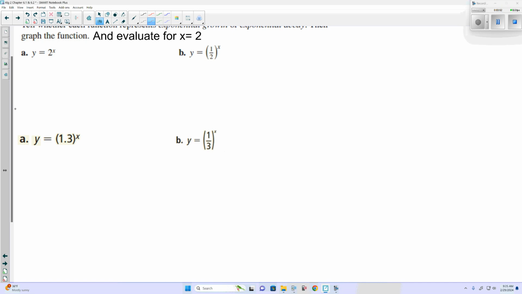If I look at A, y equals 2 to the x, is that exponential growth or decay? Growth. We also stated that a minute ago. Growth. We're not going to graph. Not because graphing's not important. One, the graphing calculator does it, and I'm not going to make you try to retrace that graph.